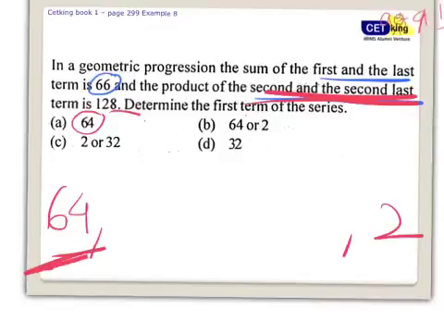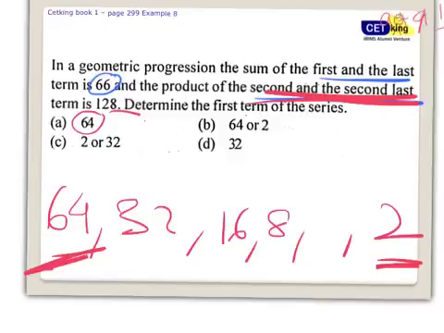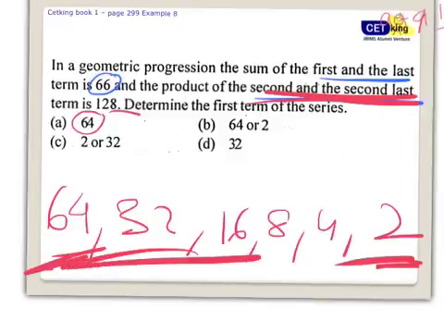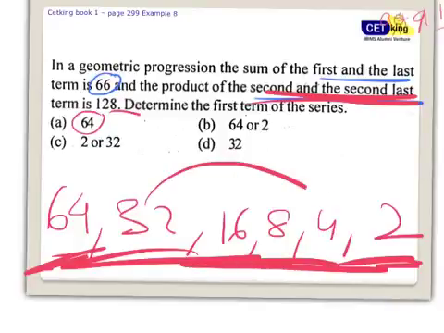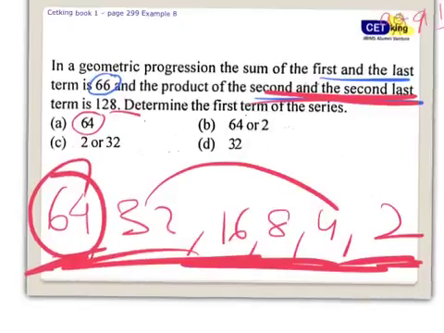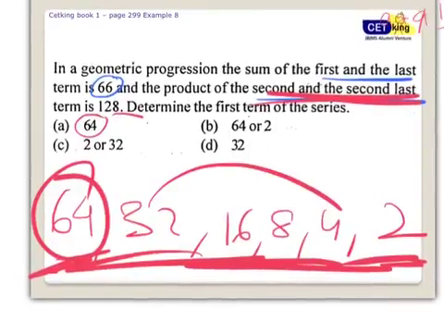The moment I know it is 64 and 2, all of them are multiples of 2. So it can be 64, 32, 16, 8, 4, 2. 6 terms possible. Second term 32 into 4 is 128. Perfect. तुक्का लग गया, चलो. First term 64 possible, and also इसका reverse is also true.